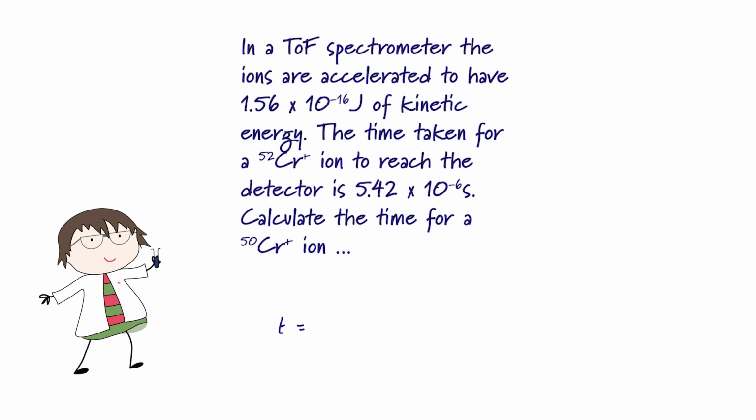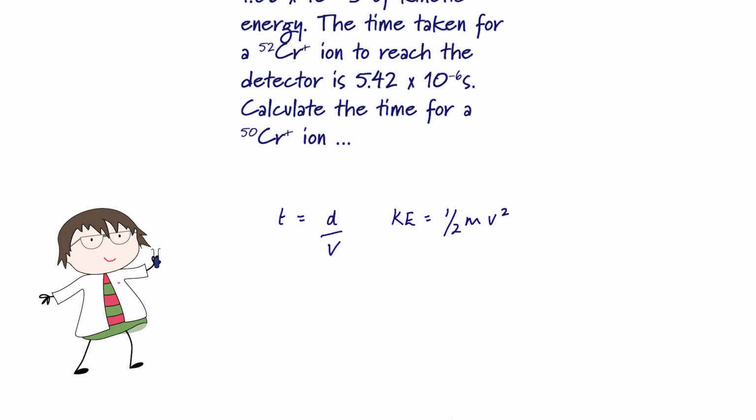Time equals distance divided by velocity, and kinetic energy is equal to half the mass multiplied by the square of the velocity. And this equation here rearranges nicely to velocity equals the square root of twice the kinetic energy divided by the mass of a single ion.